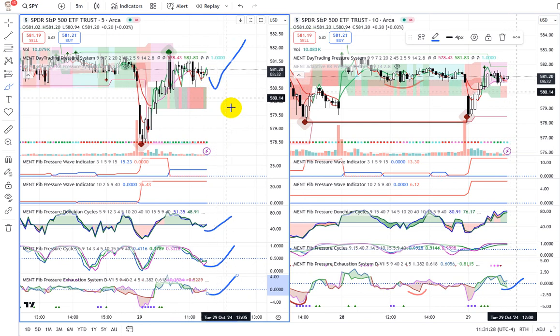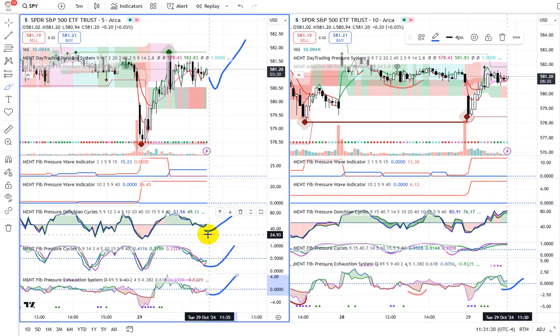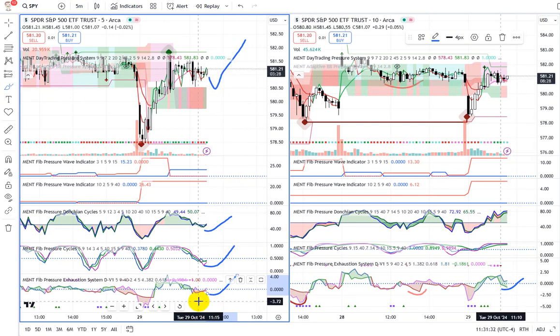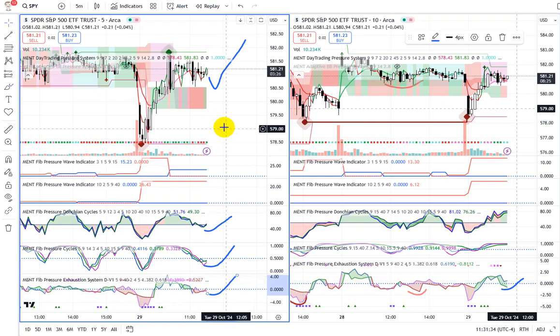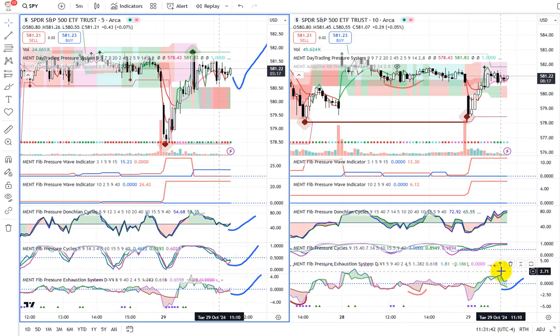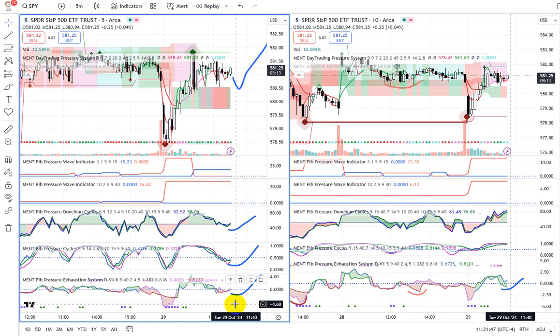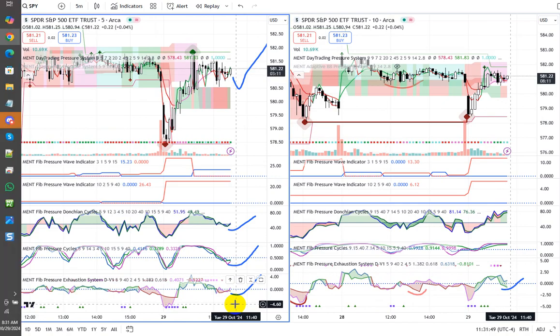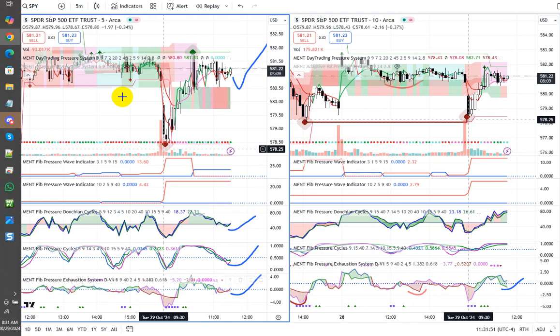All we're looking for right here is a quick little confirmation and rotation. And then really what I'm looking for here is a bullish trigger, a green rapid fire trigger right down in this area. You can see we've gone red over here, gone red over here. I just need to see the pressure system move into a positive direction.